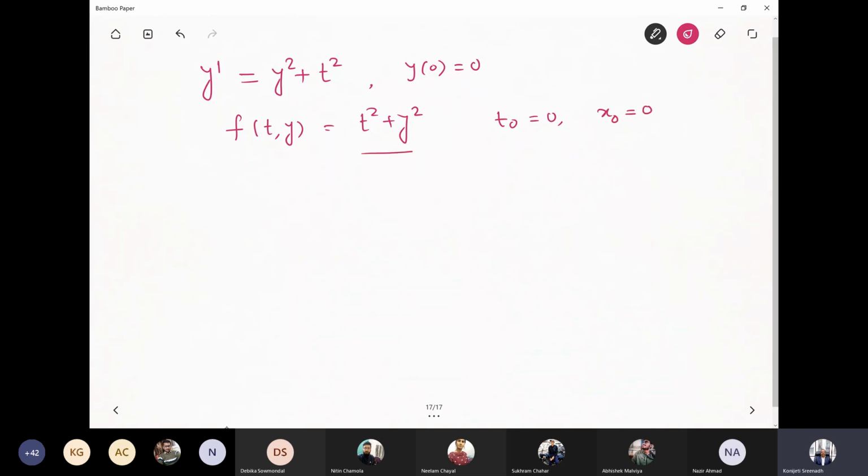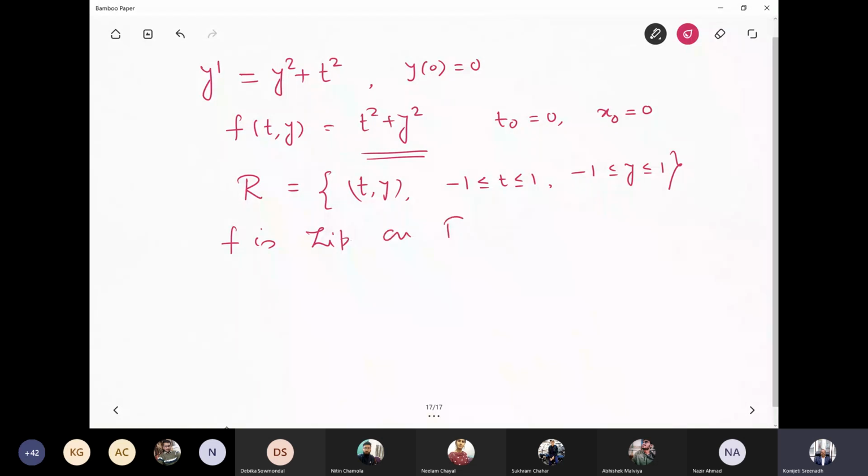If I take a rectangle R, the set of points t, y with minus 1 less than or equal to t less than or equal to 1, and similarly minus 1 less than or equal to y less than or equal to 1, then f is Lipschitz on R. The reason is that del f by del y is simply 2y, which is less than or equal to 2 in absolute value.